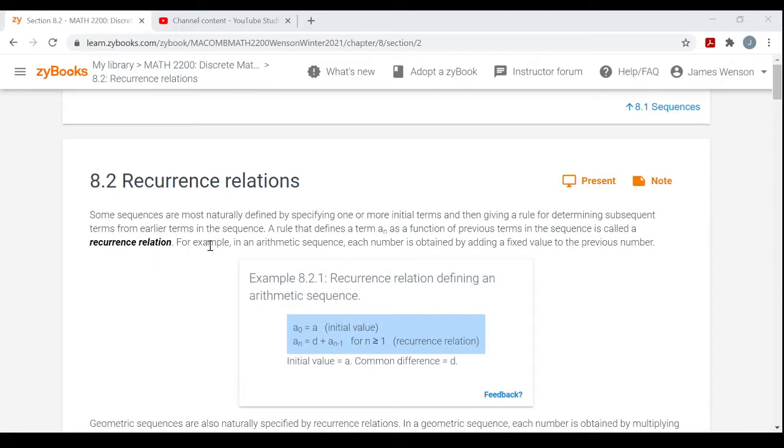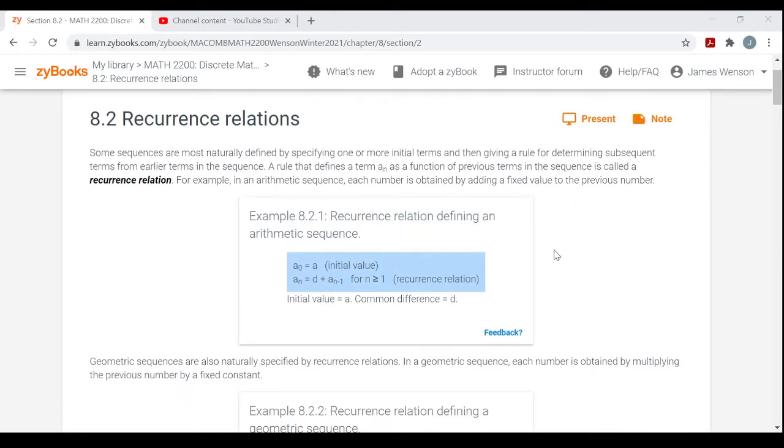For example, in an arithmetic sequence that you saw in Section 8.1, each number is obtained by adding a fixed value, that common difference, to the previous number. So to define an arithmetic sequence using a recurrence relation, I state the initial value, and then a formula where the nth term is a function of the n minus first term.